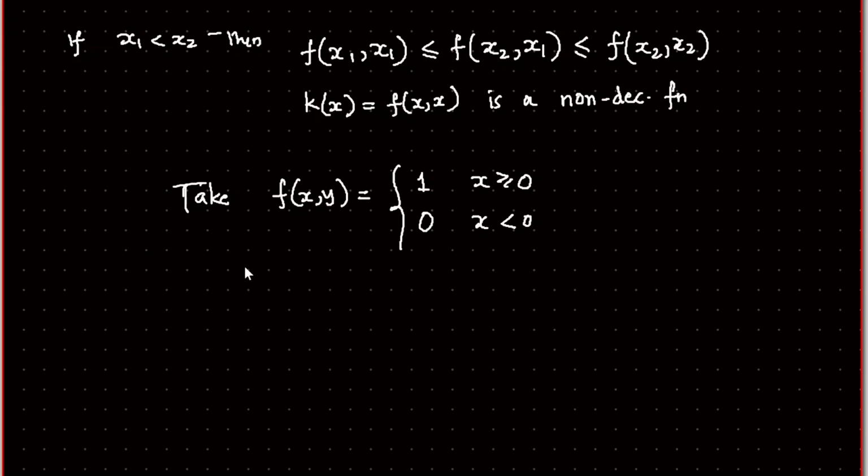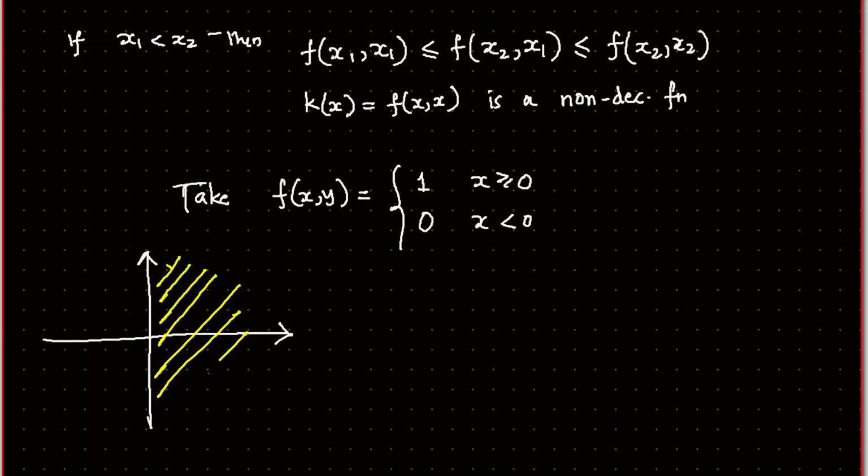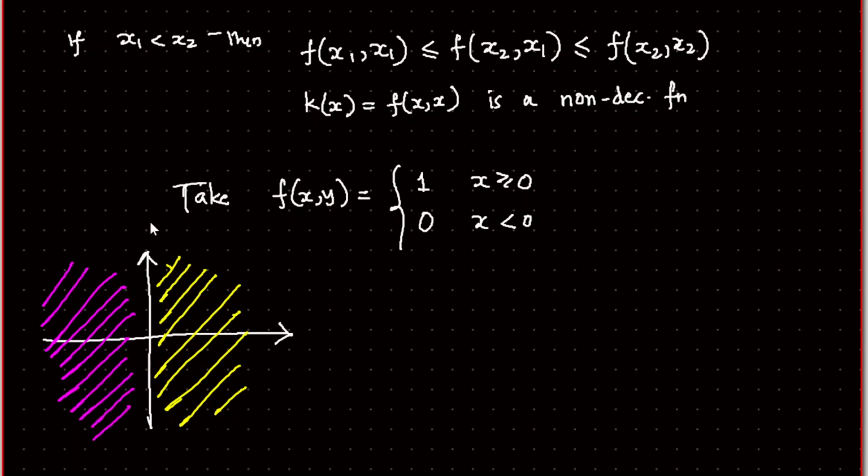So how do we have this function? If you visualize it, this is R2, and on the right hand side, where it is shaded yellow, the function takes value 1, and on the left hand side, shaded pink, the function takes value 0. This is how f looks.